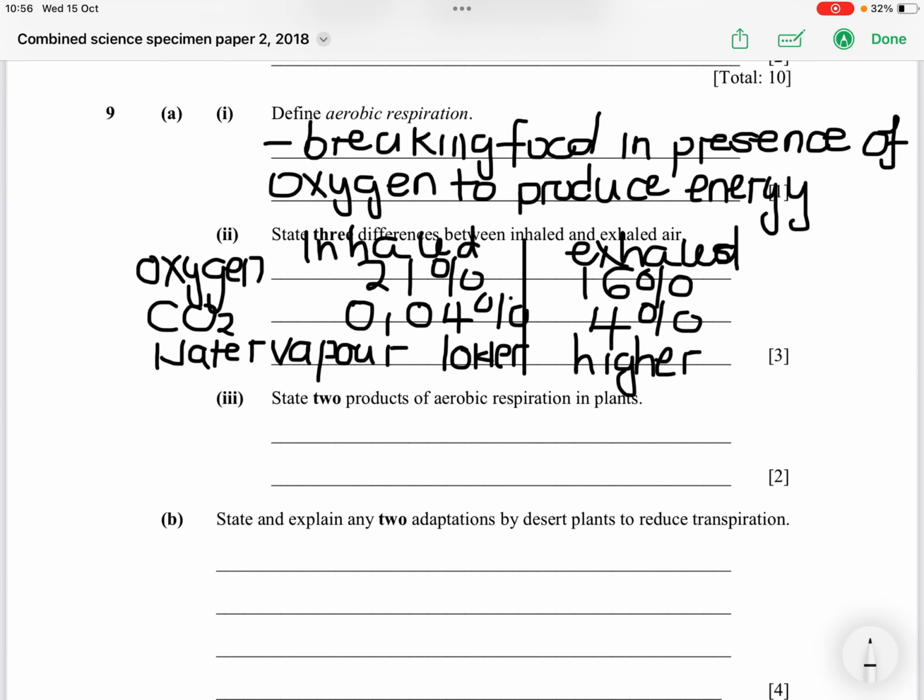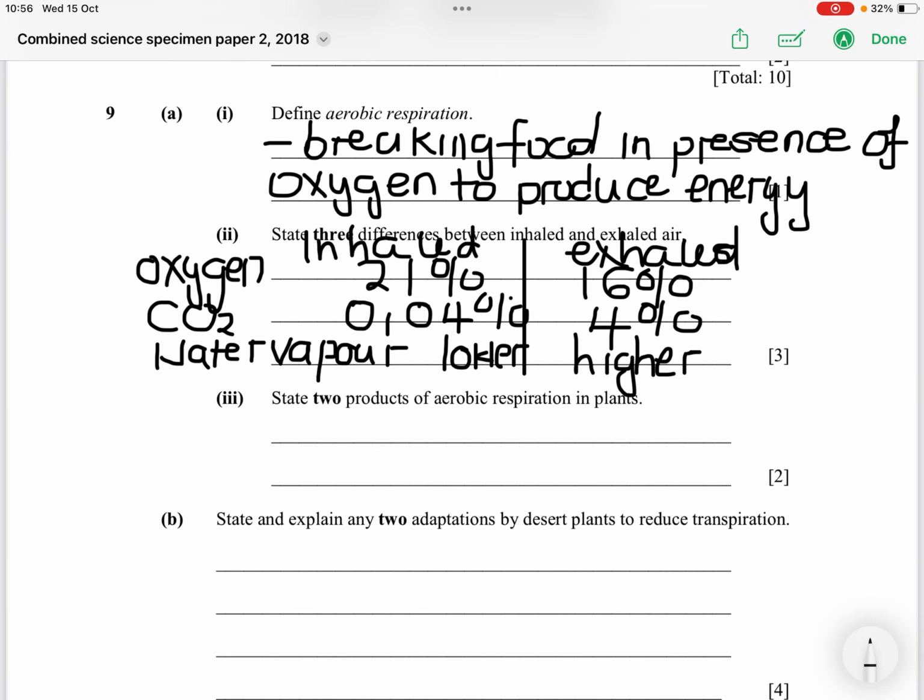So make sure that you don't just write inhaled air has a high percent of oxygen, or it has a low percentage of carbon dioxide. You are required to specify the percentages. And also some of you have a tendency of putting the difference of nitrogen concentration.